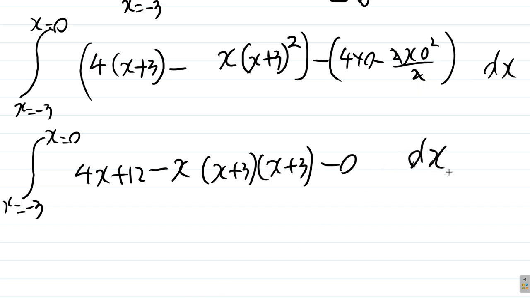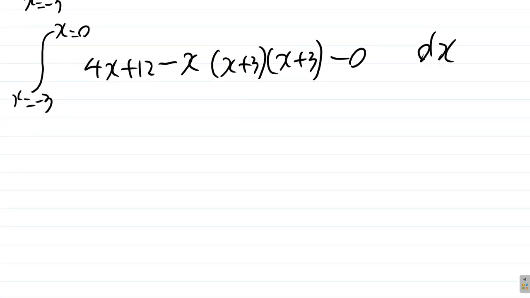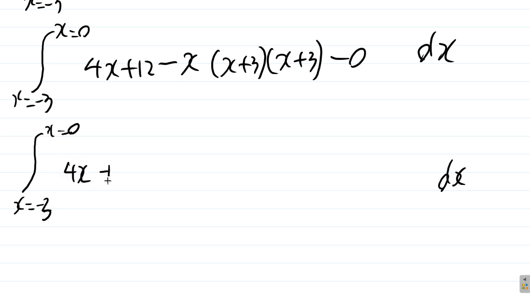Alright? Dx. So what we want to do is to simplify this part, and then we integrate with respect to x. We'll keep writing the integral sign and the boundaries. Alright, don't forget it. Alright, so we have 4x plus 12 minus, okay, what's going to happen here?